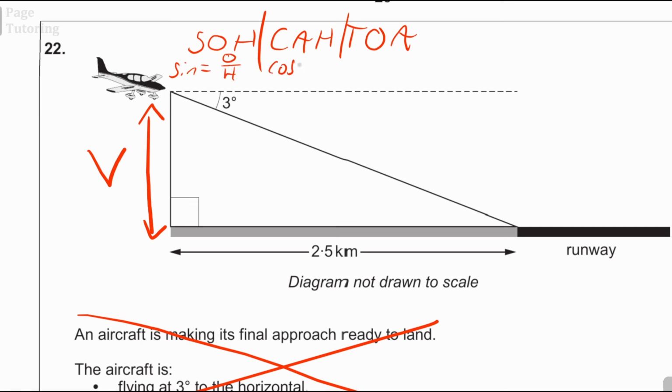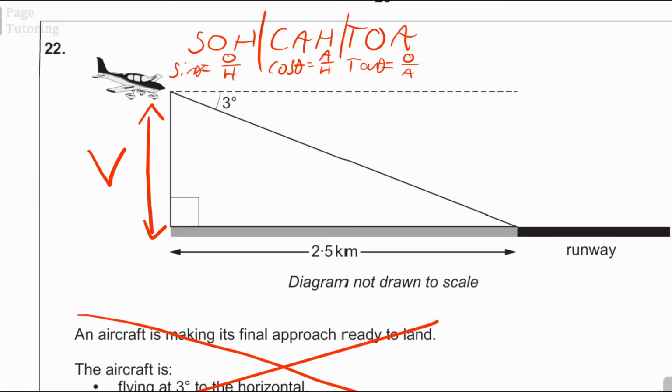Then cos of the angle equals adjacent over hypotenuse, and tan equals the opposite over the adjacent.